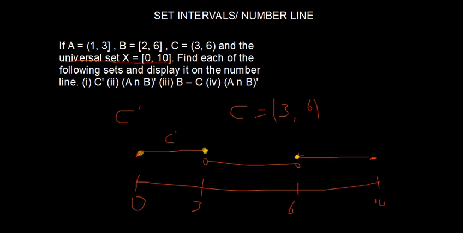Even 10 is part of the universal set, and since it's not part of C, it's going to be part of the C complement. That is how you present this information on the number line.